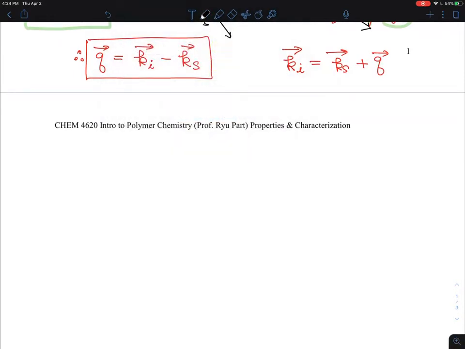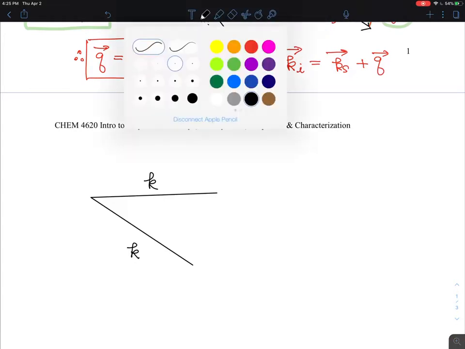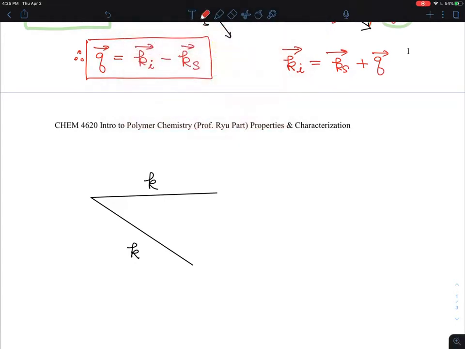Okay, so this is a triangle drawing here. The length here is K, the length here is K, and the length here is Q.